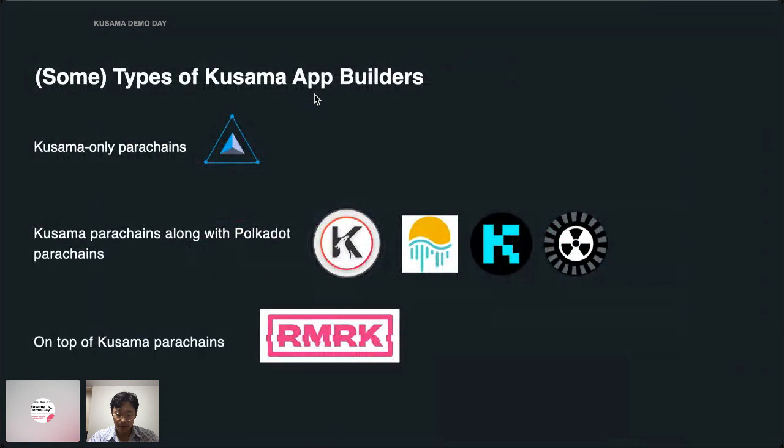To further divide up some popular types of Kusama application builders that we see right now, there are really three notable types. One is the builder that's primarily building Kusama-only parachains. These are parachains that aren't necessarily, at least for the foreseeable future, targeting the Polkadot ecosystem, but for various reasons only target the Kusama ecosystem.